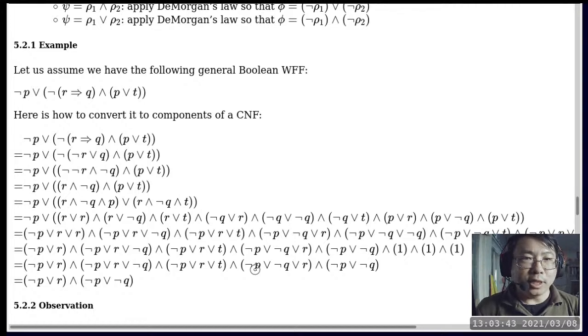That simplification has to do with: if you have one OR expression that has fewer components compared to another OR expression, and both disjunctions are in the same conjunction, you can get rid of the more general one.